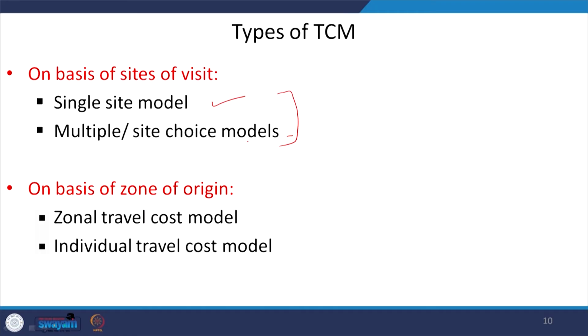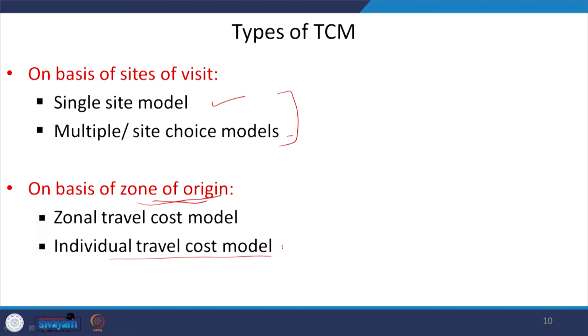And the second category of the travel cost model can be based on the zone of origin. In terms of zone of origin, we can discuss the travel cost method in terms of the individual travel cost method, where irrespective of the zone of origin, that is, from which zone the visitor belongs, we can take into account the behavioral factors that are affecting the travel and number of travels of that particular individual.